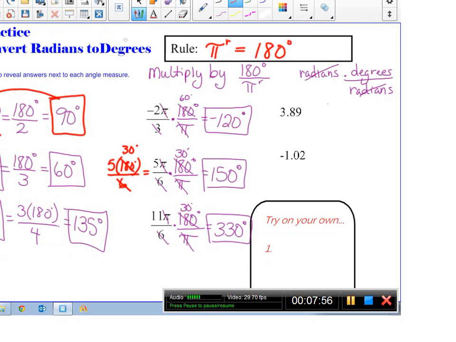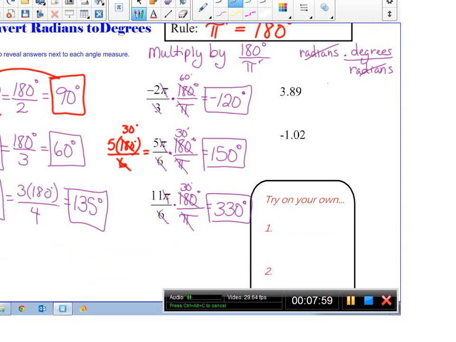So when you have pi in the question that you're converting, you can use the substitution strategy. But look at these last 2 questions. Here I just have 3.89 radians and negative 1.02 radians. So here I don't have that pi that I can substitute in for. So I have to multiply it by 180 divided by pi. And then my radians, of course, are canceling, so that I'm left with degrees, like I showed you here.